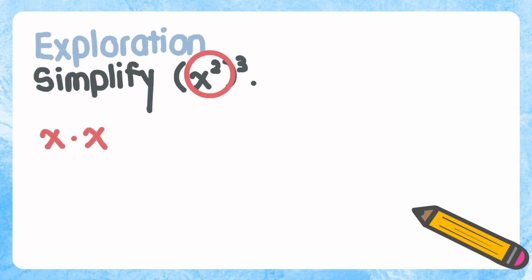Next, let's simplify x to the power of 2 to the power of 3. X to the power of 2 can be written as x times x. And we repeat this 3 times.